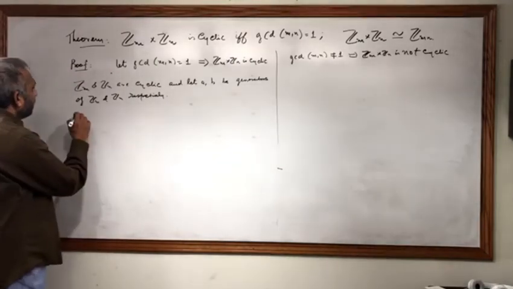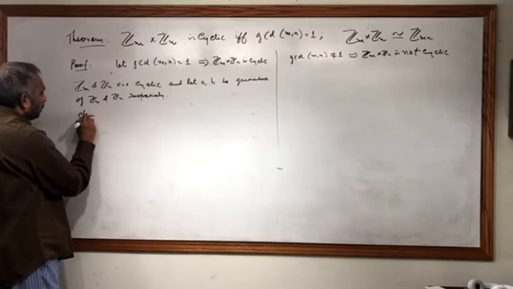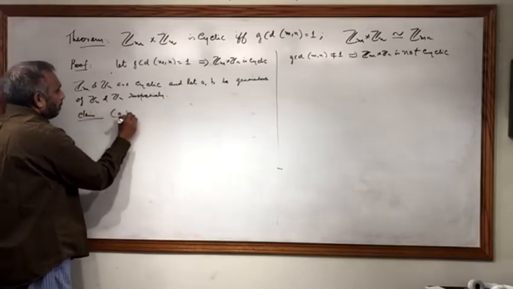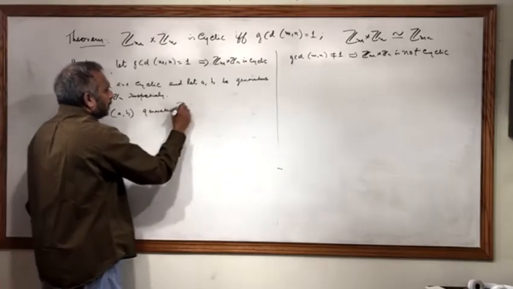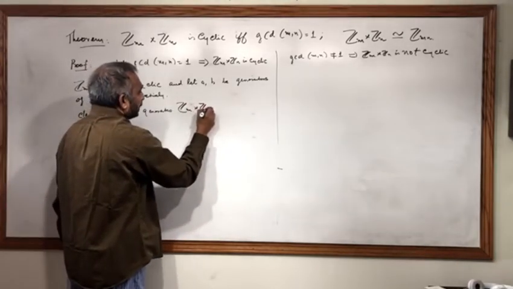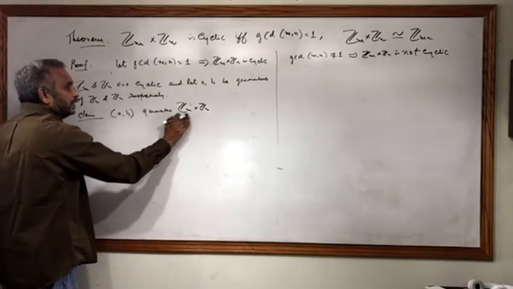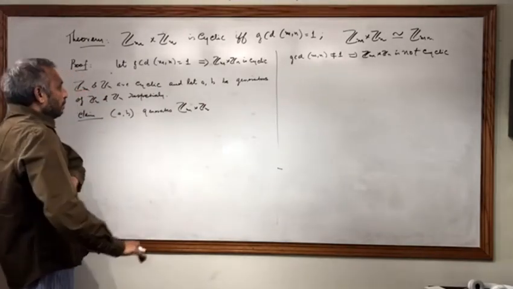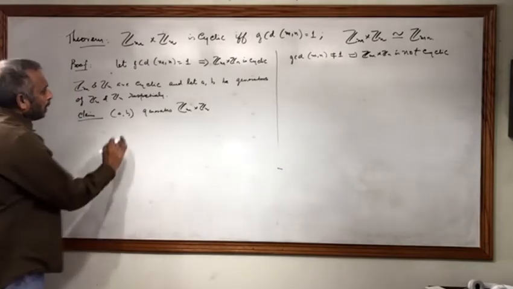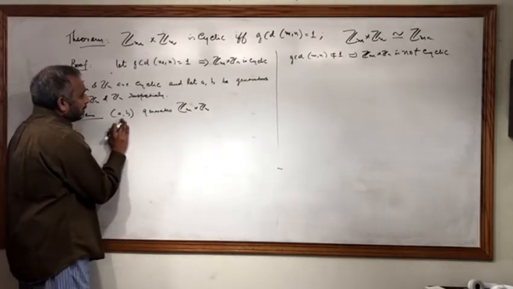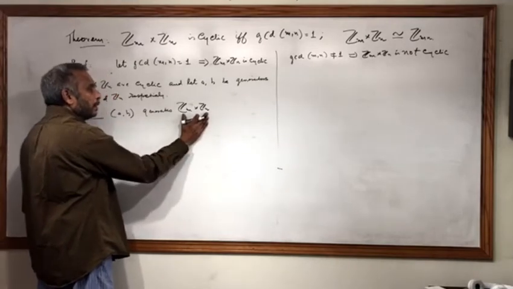Now our claim is (a, b) generates Zm cross Zn. If you can prove that, then Zm cross Zn is cyclic. How do you prove this element generates this group?